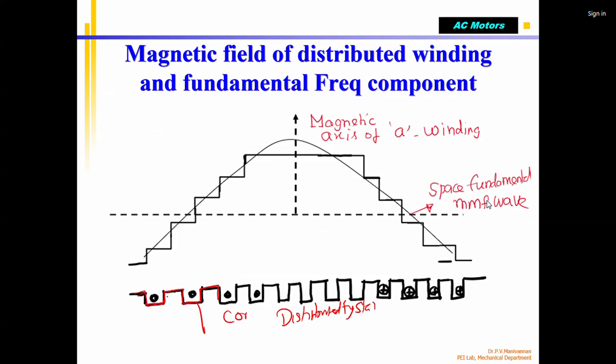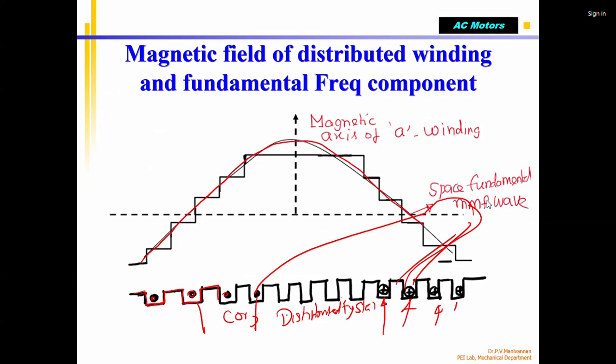In the slots, you can see these are the wires. Four slots are filled, the next four are blank, then another four. The current enters here and comes out through this, the same coil only. Please note the wires go like this, and it comes out like this. So when you do that, the magnetic field created is a smooth sinusoidal.